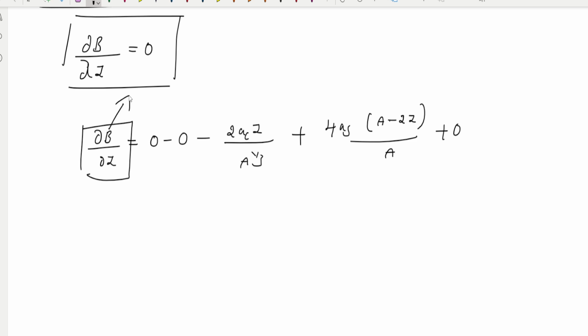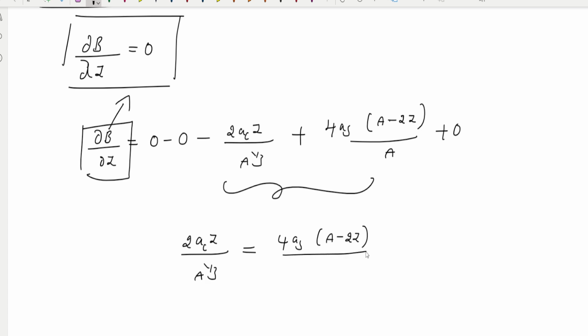So for minimizing, if you want it equal to 0, it is better to write by using these two terms. I'm going to write like this: 2acZ divided by A power 1 by 3 equal to 4as (A minus 2Z) divided by A.